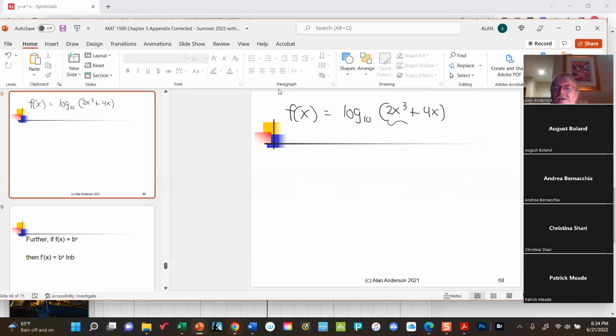So here you would have g of x, and g prime of x based on the power rule is going to be 6x squared plus 4.